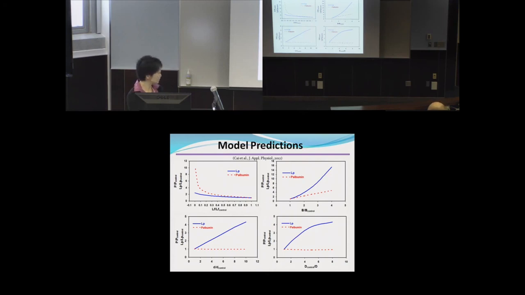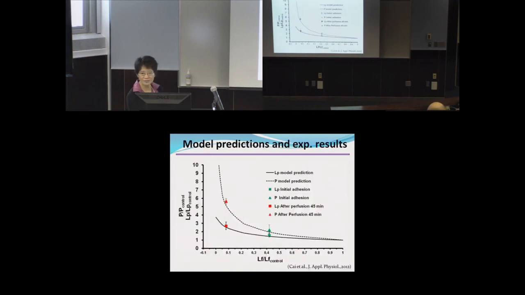Comparing to our measured data, we find the first case is the most likely case. That's the reason I put this number. For initial adhesion, the LP increased by 1 point something fold, and the albumin permeability increased 2.2 folds. This correlates to roughly 44% of surface glycocalyx left, so roughly 60% is removed.